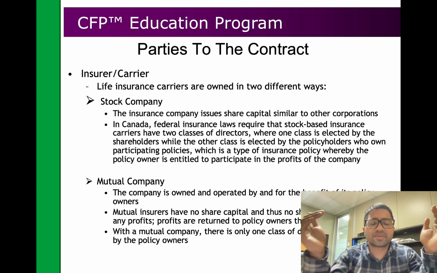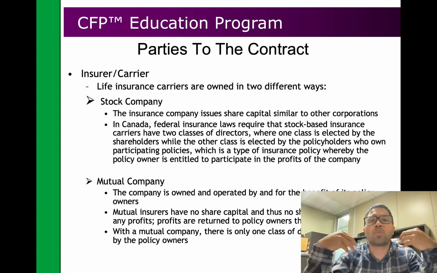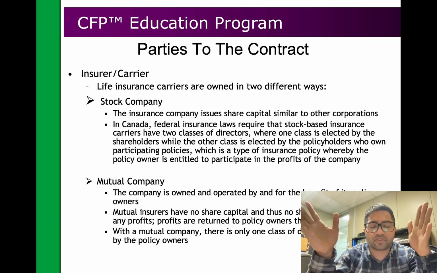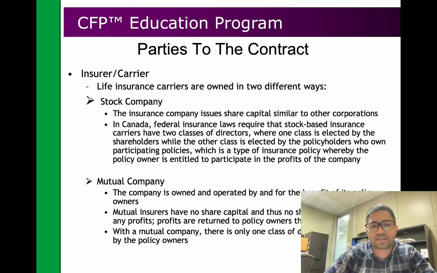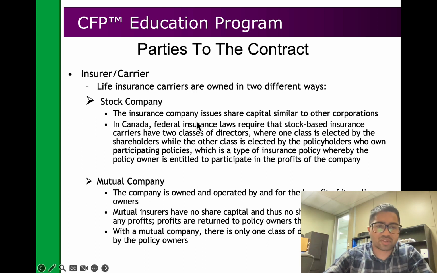A participating policy is a policy in which the policy holder, the person who is buying that policy, gets the right to share in the profits of the insurance company. So it becomes complicated. That's why two sets of directors are established. One set of directors is for the shareholders, one set of directors is for the policy holders.